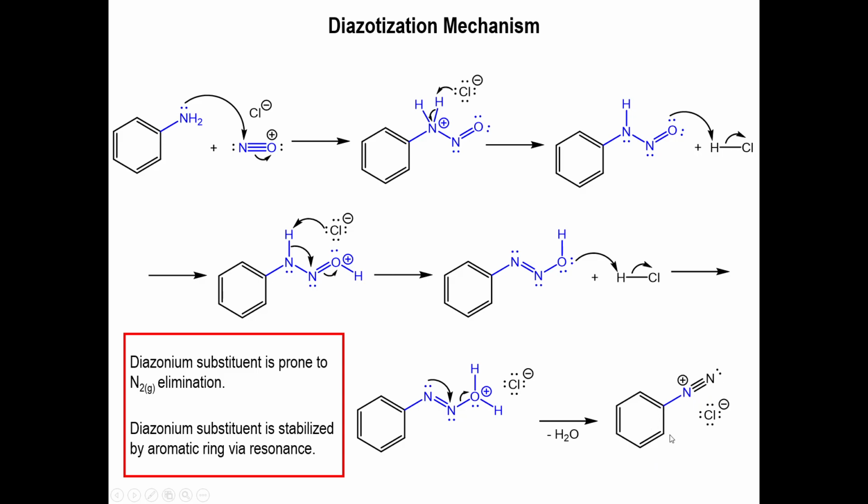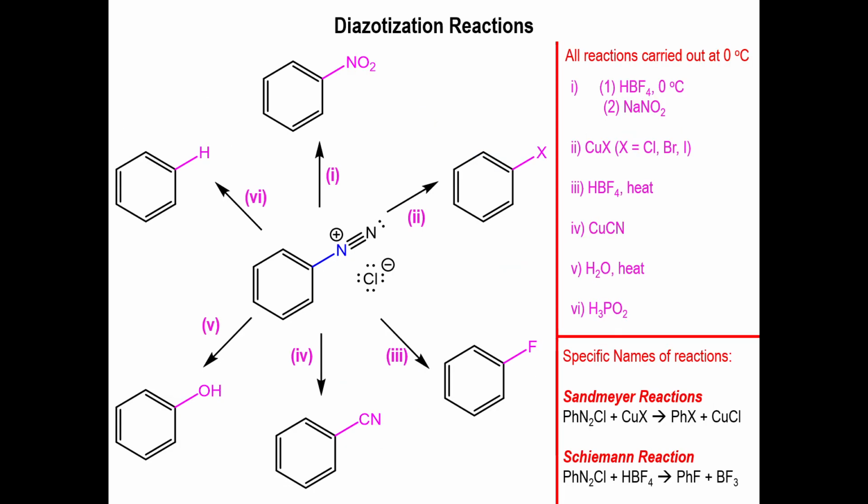Now, the diazonium salts of aromatic compounds are very reactive. You can basically use that as a means of functionalizing your aromatic compound. You could add fluorine if you want to, right? So if you want to put a nitro group in there from a diazonium component, you could do this in the presence of HBF4 and sodium nitrite, excuse me.